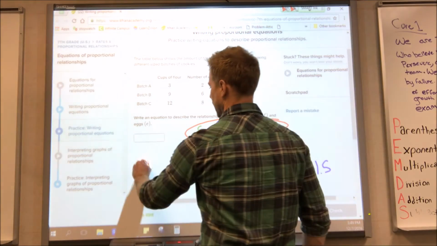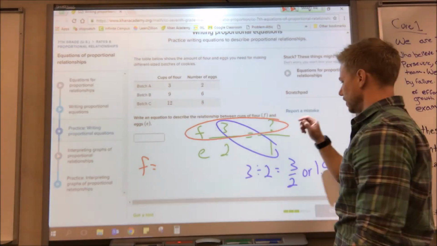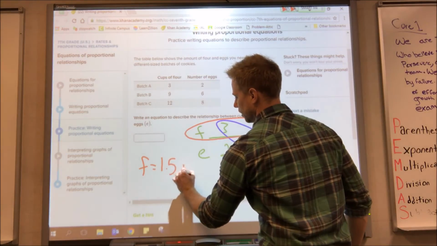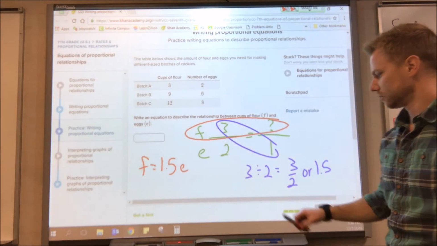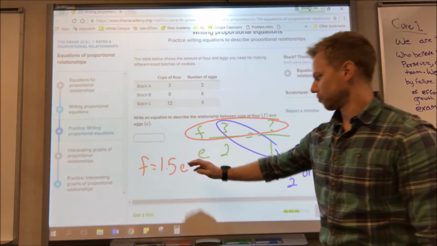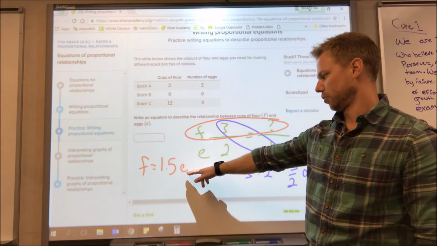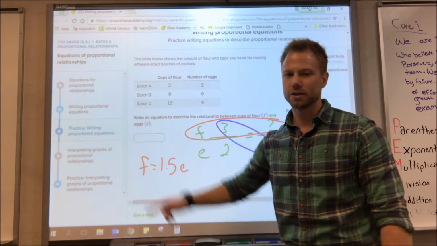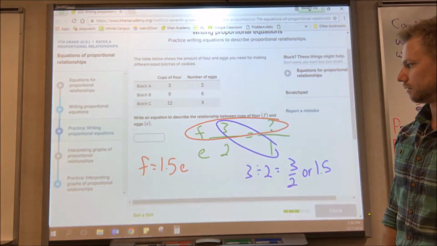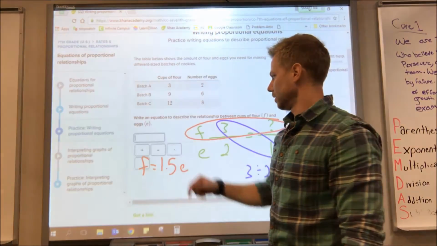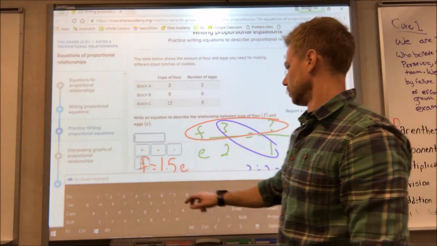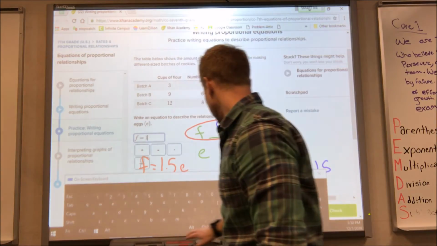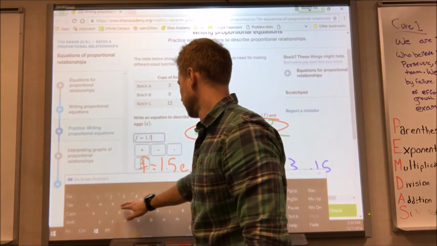Okay, so we would do F equals, and then our unit rate, which we'll do 1.5, and then E for the number of eggs. So what that means is for however many eggs you use, you multiply by 1.5, and that will tell you how much flour is needed. Okay, so we plug that equation in. We get F equals 1.5 E.